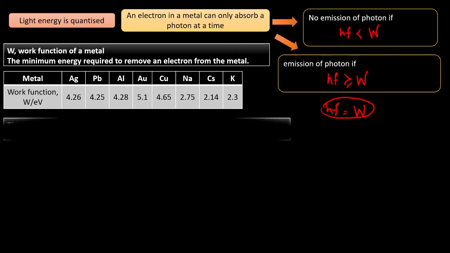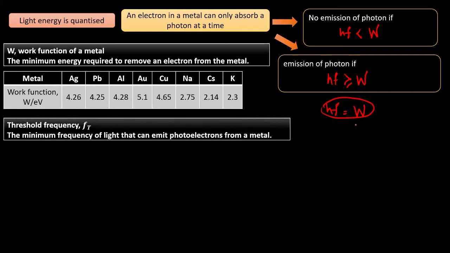So this minimum frequency that causes the electron to be emitted from the matter, where hf is equal to the work function, we call the threshold frequency. Threshold frequency is the minimum frequency of light that can emit photoelectrons from a matter.